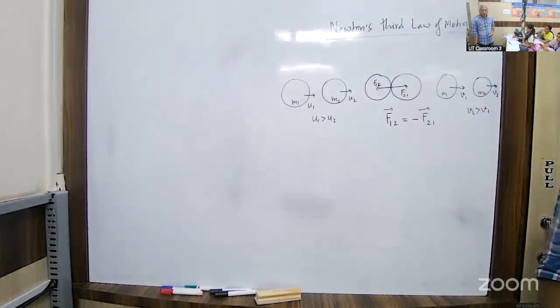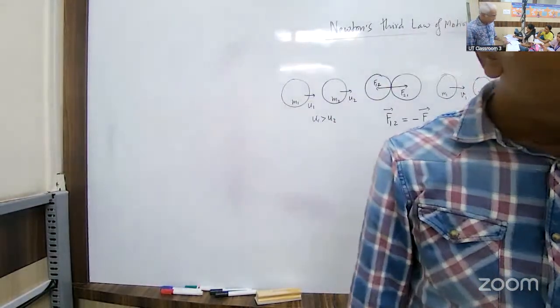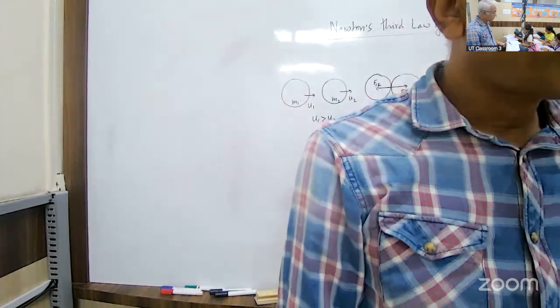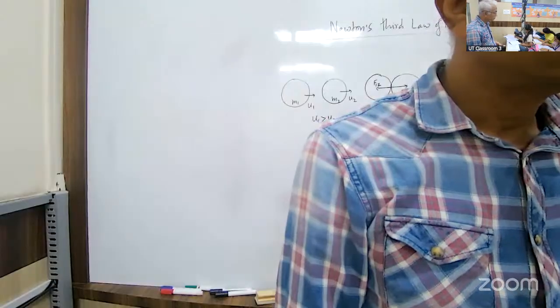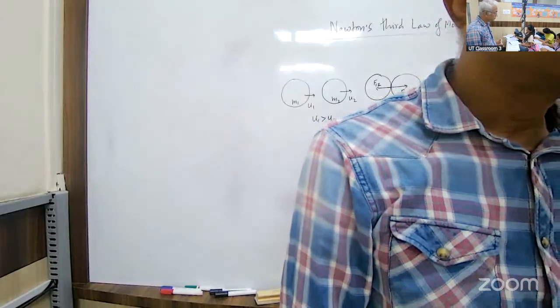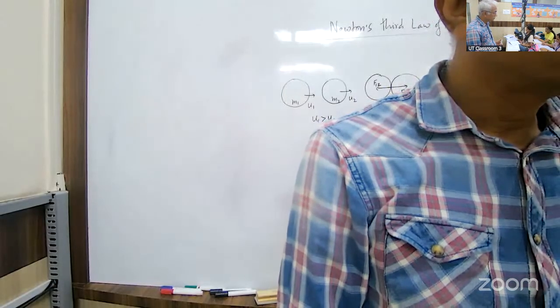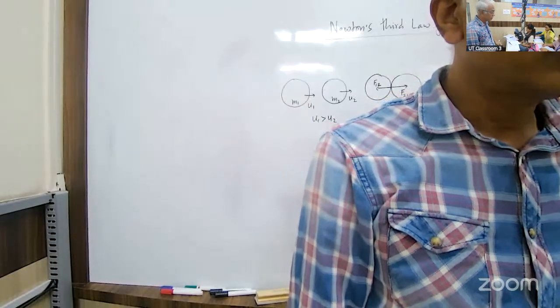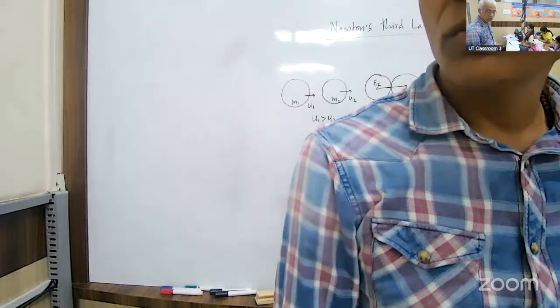So, what did you write? Action and reaction are forces acting on different bodies. Therefore, both feel their impact on each other. So in bracket, that is, action and reaction forces do not cancel each other.